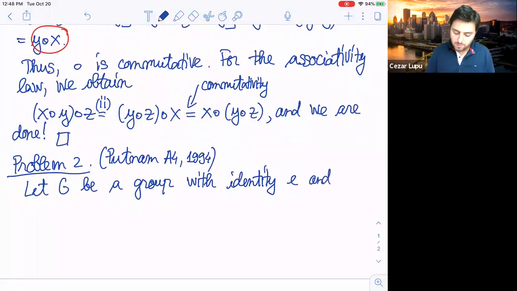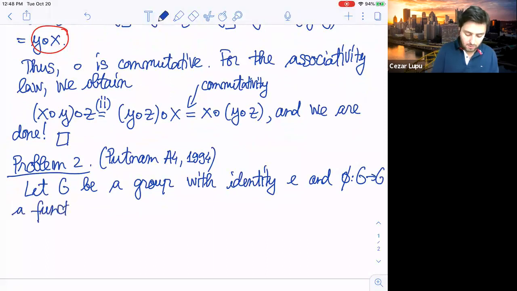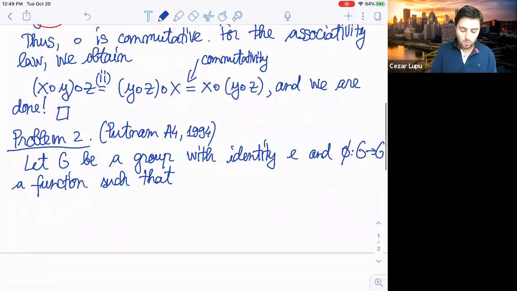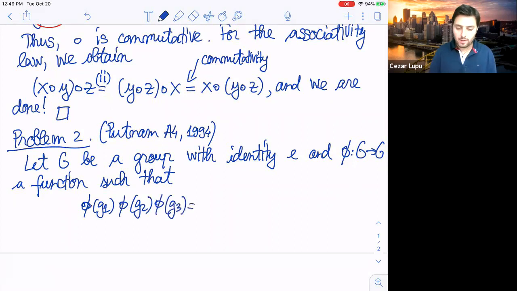And we'll consider this map, let's say phi from G to G, is a function such that it has the following properties. When we have phi of G1 times phi of G2, phi of G3, this is nothing else than just phi of H1, phi of H2, phi of H3.